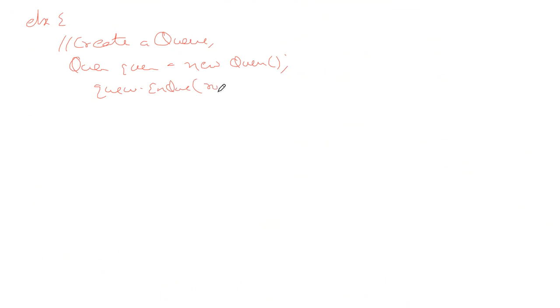Up till if root equal to null, that case is clear. I am writing after else. Else, create a queue. Q equal to new queue. And Q dot NQ root. Now while Q dot is not empty, you keep on doing something.